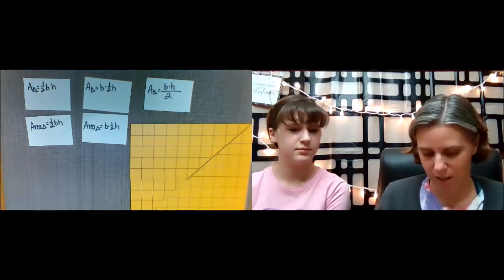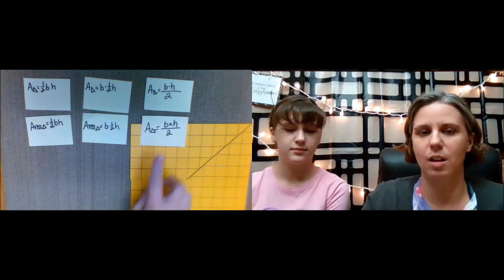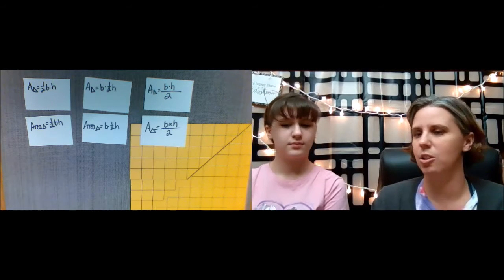The area of an acute triangle was half the base times the height. And the area of an acute triangle could be base times half the height. And we also learned that the area of an acute triangle was base times height divided by 2.